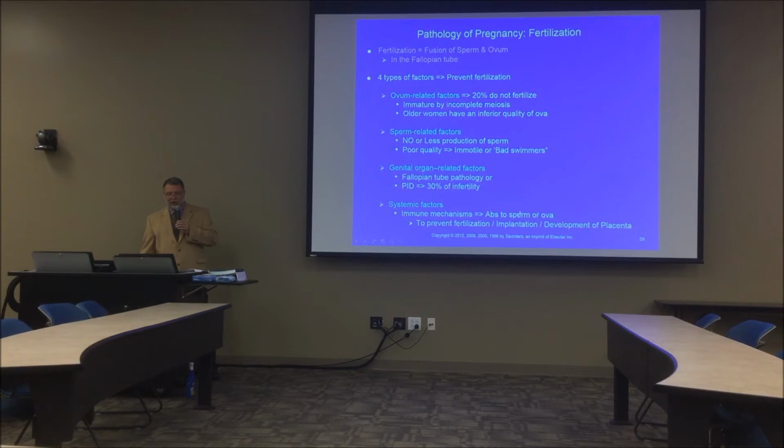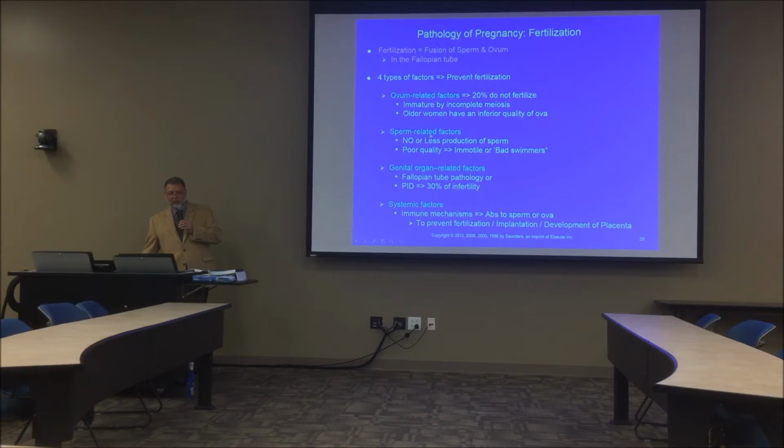Some antibodies to sperm or ova will prevent fertilization or implantation, and obviously the development of the placenta. If you're talking about genital organ related, think about PID, pelvic inflammatory disease, where 30% will end with infertility, and typically it's a fallopian tube pathology where most likely it's going to be affected.